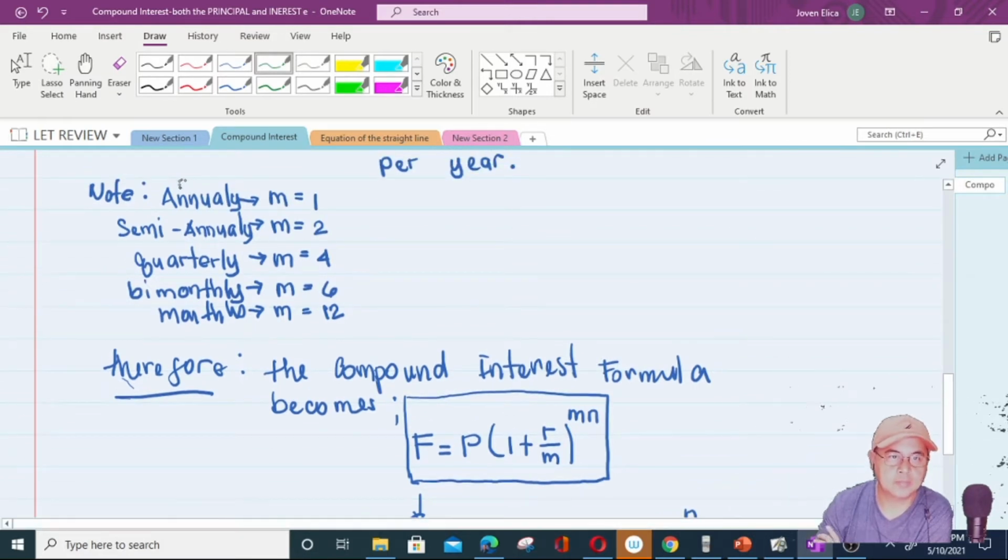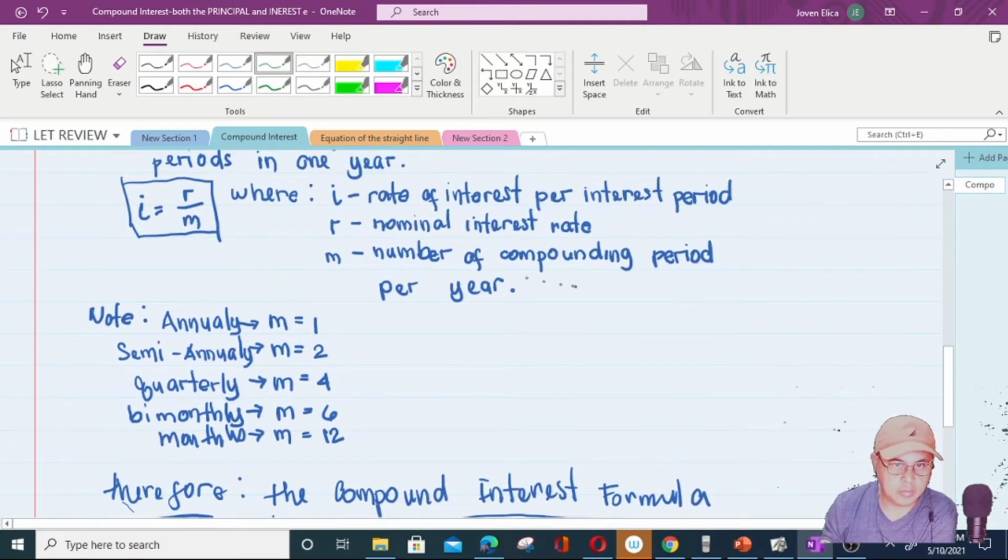And take note, when you see in the problem annually, where M refers to the number of compounding periods, annually means your M is equal to 1. When you see in the problem semi-annually, your M is equal to 2.